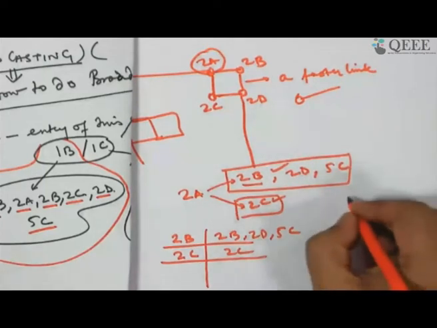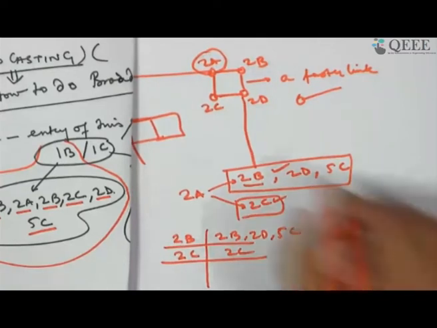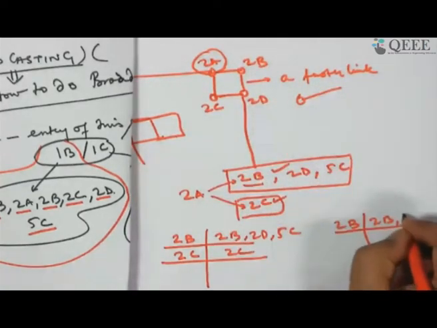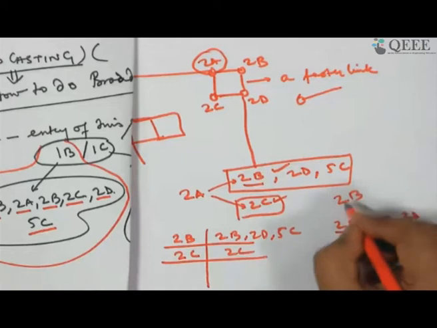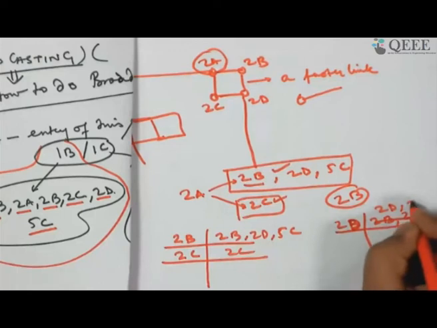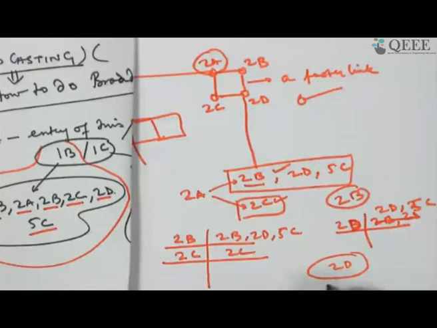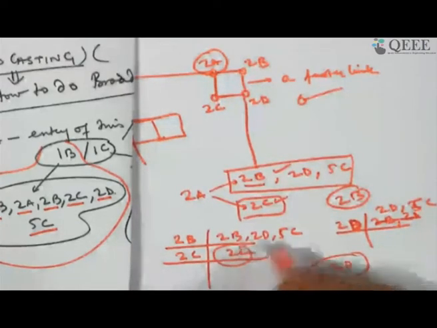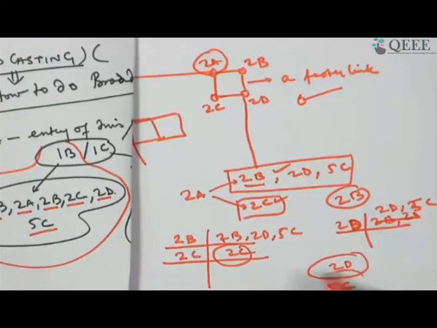Now next you see it will go to 2B, and then from 2B it will go to 2D. So if I am going to 2B, I reach 2B. Next hop, 2D, what are the two things that will go? 2D and 5C. And the next hop will be 2D and what would be the next thing? 5C. So this is a single entry and this I reach, and then slowly it also becomes a single entry, and once it becomes a single entry we finish.